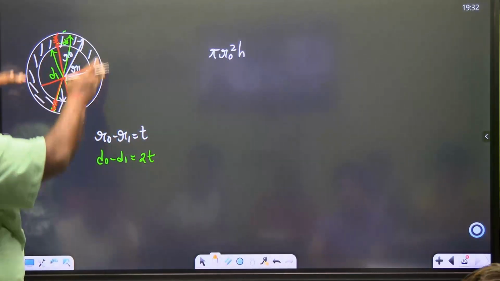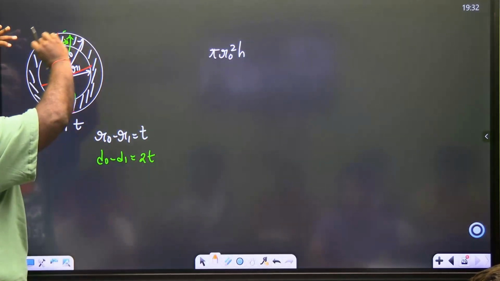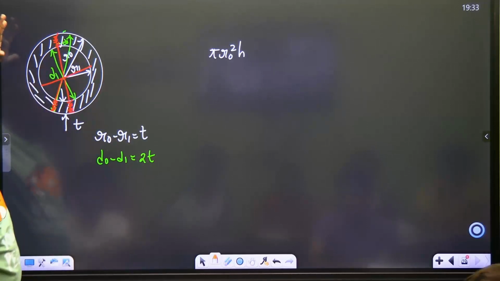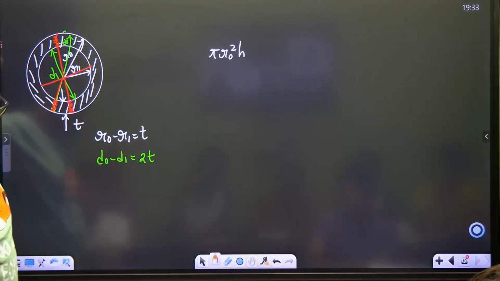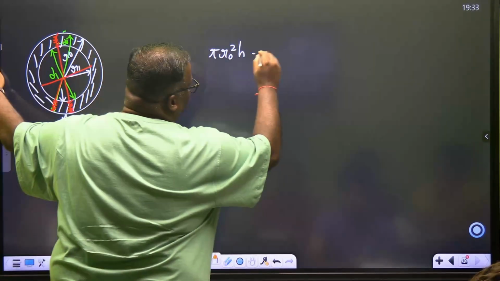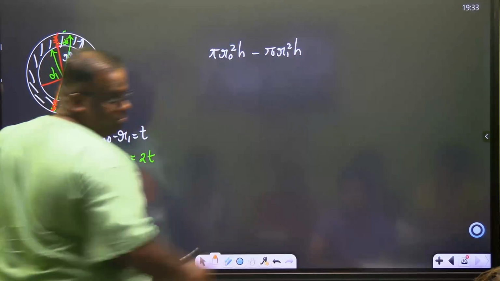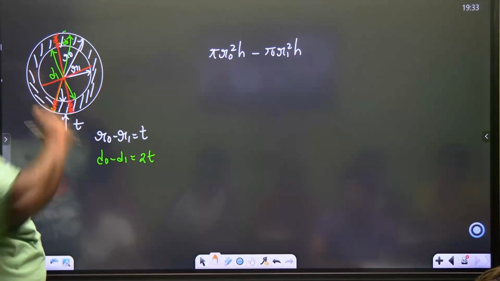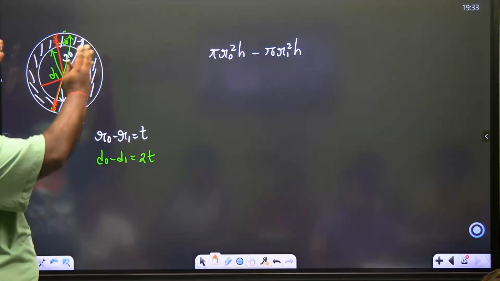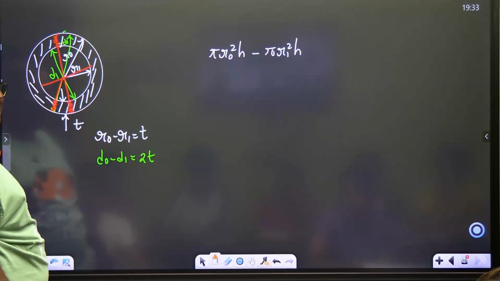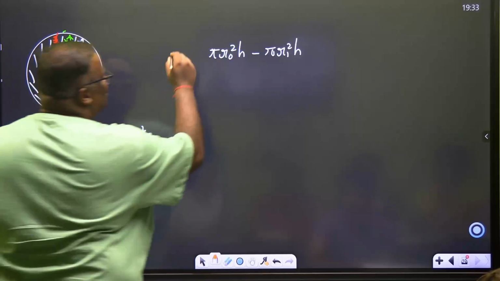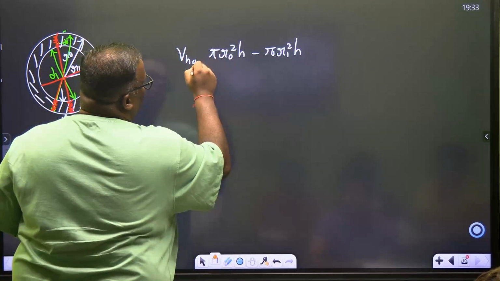The volume of the outer cylinder contains wood plus air also, but I need only wood. So from here I will subtract the inner cylinder, pi Ri square H. The inner cylinder is only air. Wood plus air minus air, so only wood is remaining. So this is the volume of a hollow cylinder.